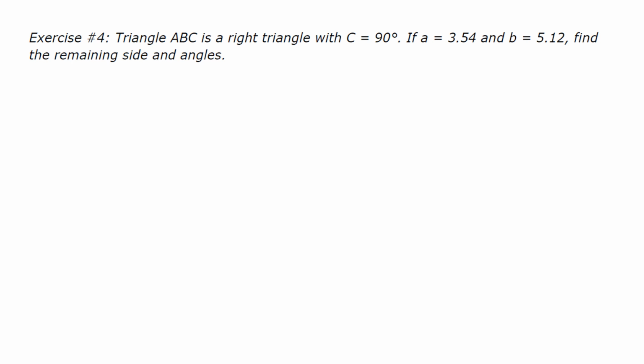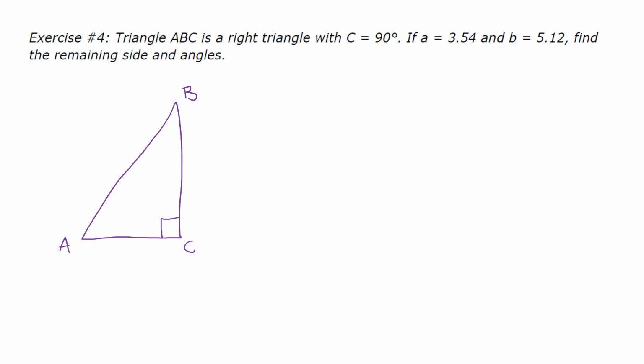All right, next exercise here. We have triangle ABC is a right triangle with C equaling 90 degrees. If A equals 3.54 and B equals 5.12, find the remaining sides and angles. So we are going to first start with our right triangle. We know that C is the right angle, and A, B, C are the other vertices.